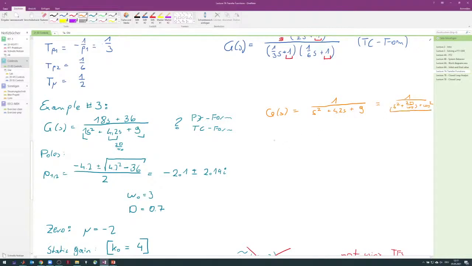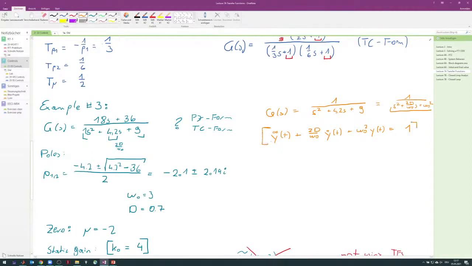If you transform that back to the time domain, we know that this is going to be 2d over omega 0 times y dot plus omega 0 squared times y of t. And in this case, we have 1 here, right? Remember the PT2 system, which we introduced?